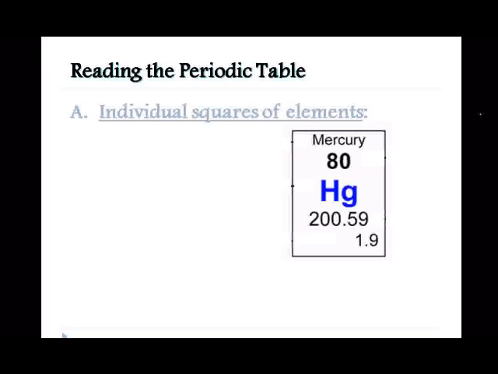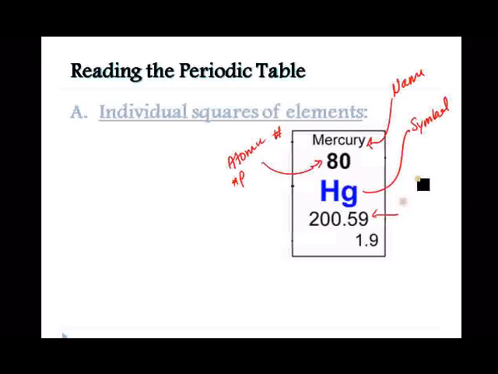When we read individual squares of elements on the periodic table, we get some pieces of information, like the name of the element and the symbol. From last unit, we remember that this number on top is the atomic number, which is equal to the number of protons in the nucleus.